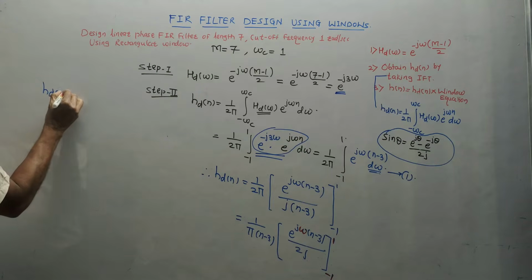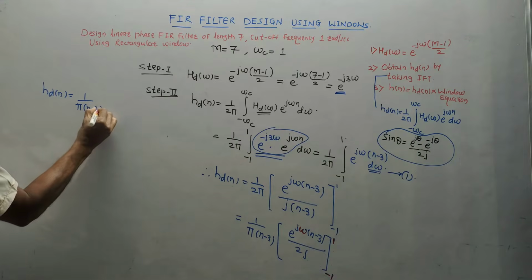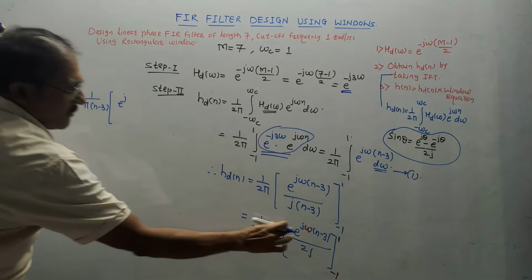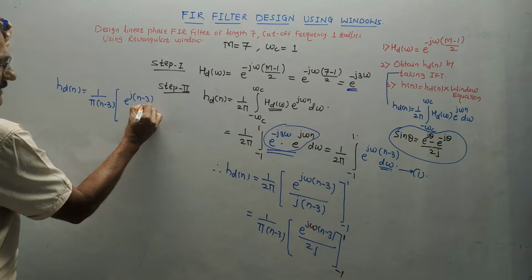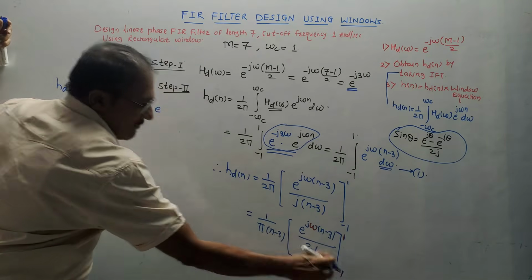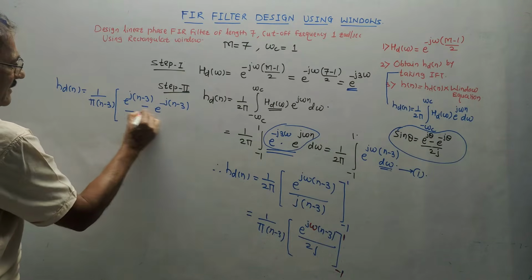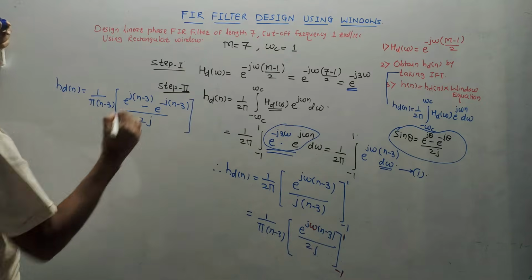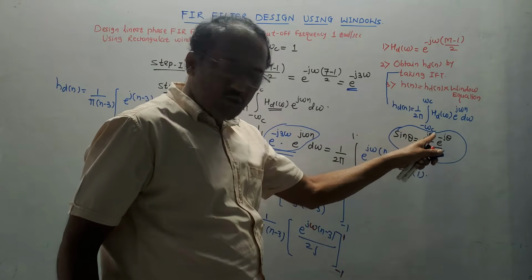hd of n is equal to 1 by pi n minus 3 in the bracket, e raised to j. In place of omega I am putting 1, so j n minus 3, minus e raised to, now in place of omega I am putting minus 1, e raised to minus j n minus 3, upon this denominator term 2j as it is. I have to make use of this formula. In this formula, it is e raised to j theta.